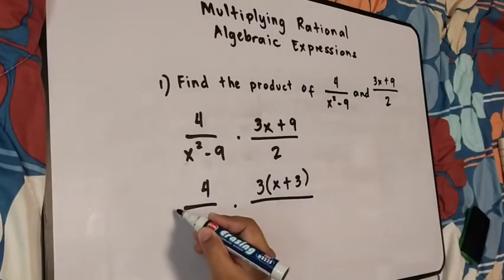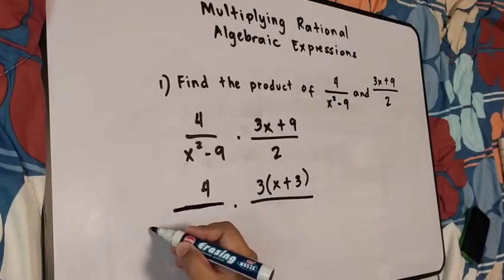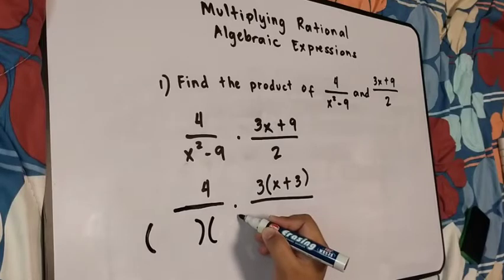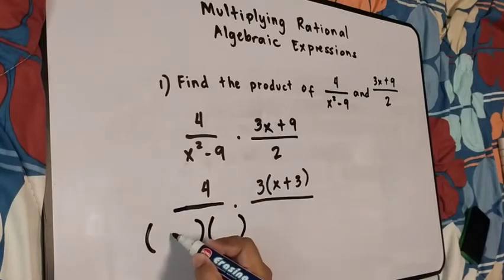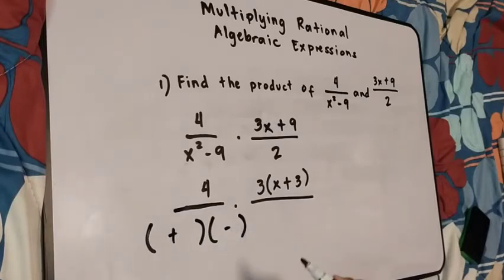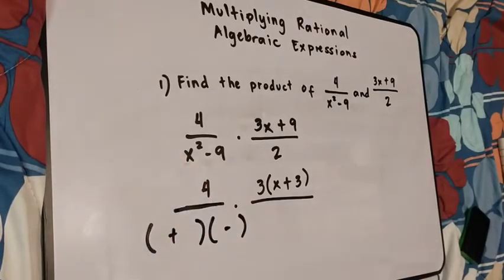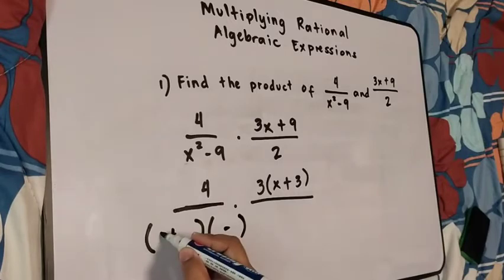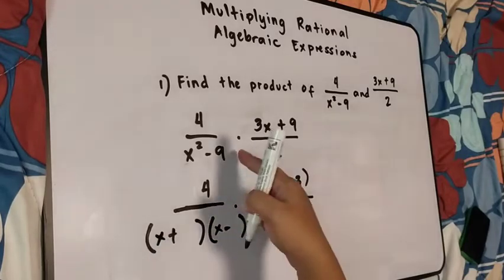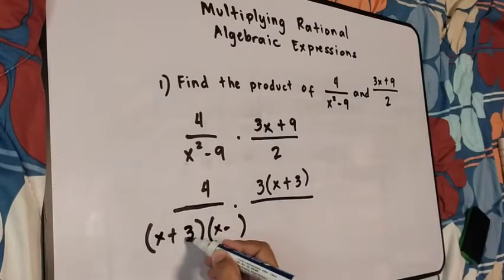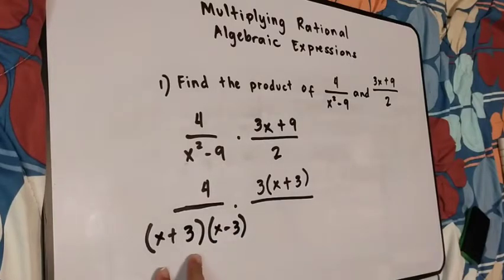So, yung factors ng difference of two squares is sum and difference of two terms. So, we have here the plus and minus. Ang gagawin lang, kunin yung square root. So, square root of first term, x squared, that is x. Then, square root of 9, that is 3. So, we have x plus 3 and x minus 3.